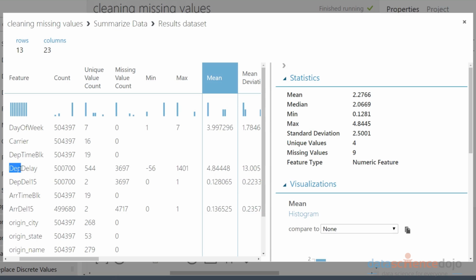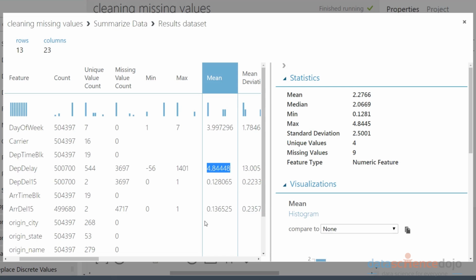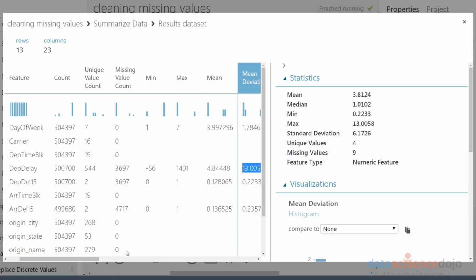If we look at the next thing, departure delay is a number, so it will make sense. On average, flights that left from the original airport were about 4.8 minutes late. That makes sense, but also keep in mind that the mean is pulled by extraneous outliers. If I looked at this number, I would probably see that this is an extraneous outlier, because it's 2 past the standard deviation.